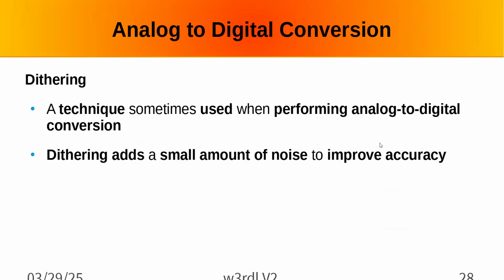Okay. The other thing that they do, which is a little hard to wrap your mind around, is they use a technique called dithering, where they actually inject noise into the input signal to the A to D. And it makes it more accurate.